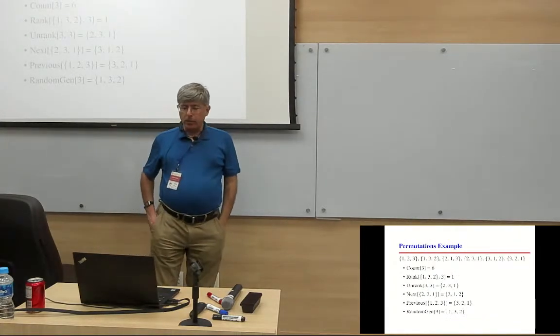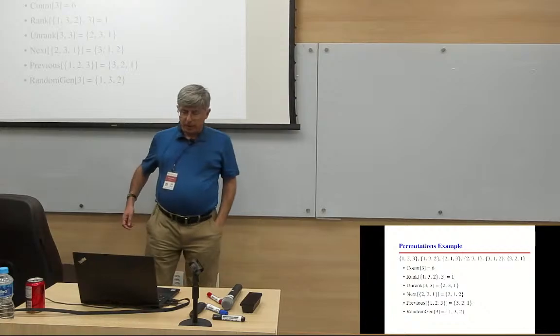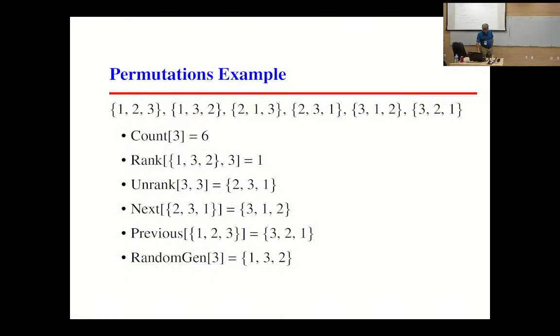So these are just examples. Maybe this would have made it easier than the joke. Here are permutations. There are 6 permutations of 3 things. They are in a particular order, the order I have them written from left to right. Count of 3 is 6, because there are 3 factorial permutations, and 3 factorial is equal to 6.